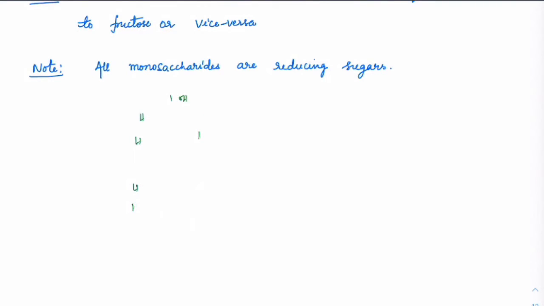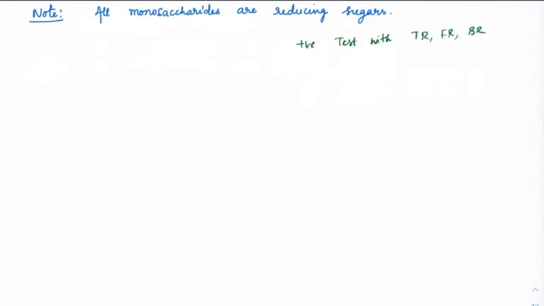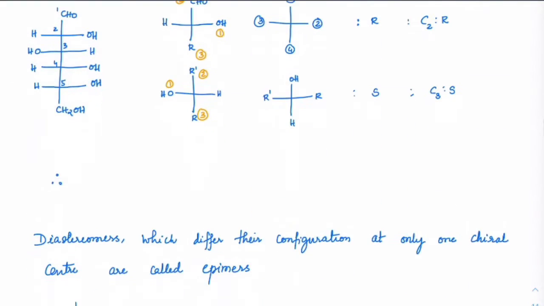Remember, all the sugars called reducing sugars will give a positive test with Tollens reagent, Fehling's reagent and Benedict's reagent. I hope all of you got that.